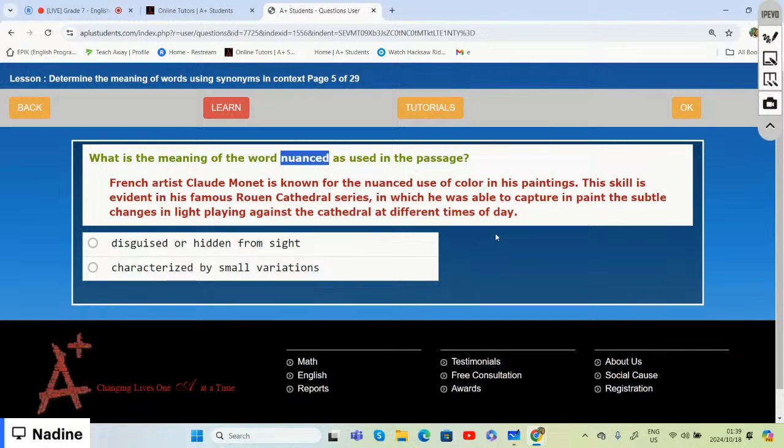So if we look at the meaning of the word nuance, is it disguised or hidden from sight, or characterized by small variations? Nuanced. The meaning of nuanced. Option one, disguised or hidden from sight, or characterized by small variations.